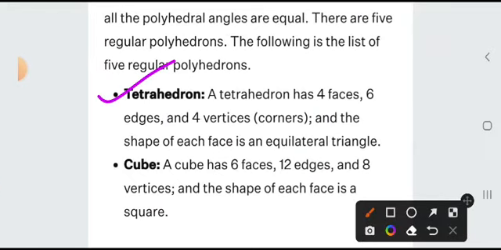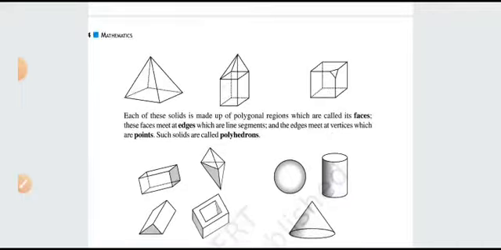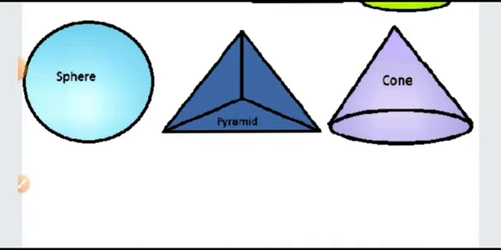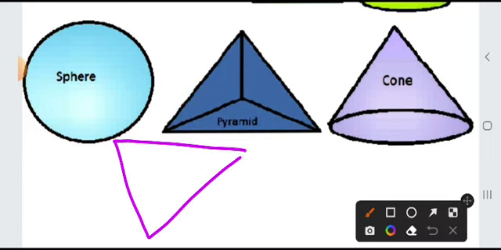The first one is the tetrahedron. Let me show you the tetrahedron again. You are acquainted with the name triangular pyramid. This is known as a tetrahedron. Its base is an equilateral triangle, and from this the upper faces are made. The first side triangle is this side, then another on this side, and next on this side.